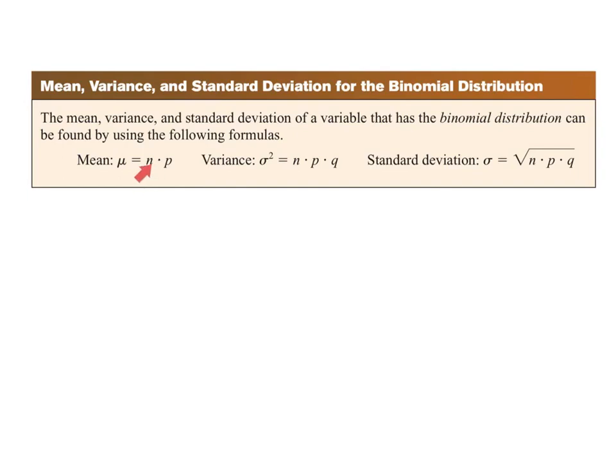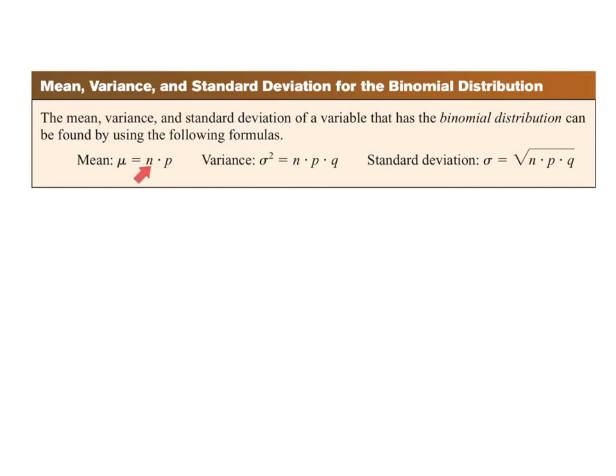Just like in the other problems where we identified x and n and p and q, in this case we just need n, p, and q. We don't need the x part to figure these things out. A lot of the time you're going to have a problem like the one we just did, and they're also going to ask you not only to find that specific probability, but to find the mean, the variance, and the standard deviation. Real straightforward.